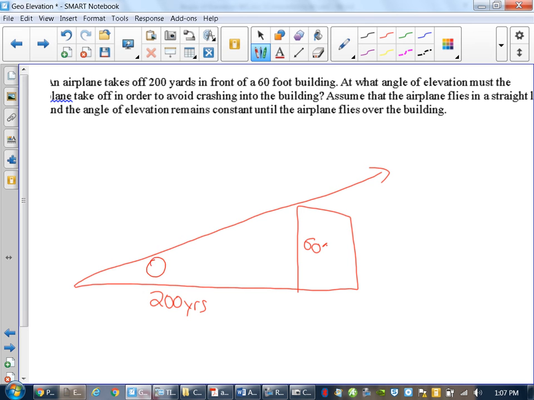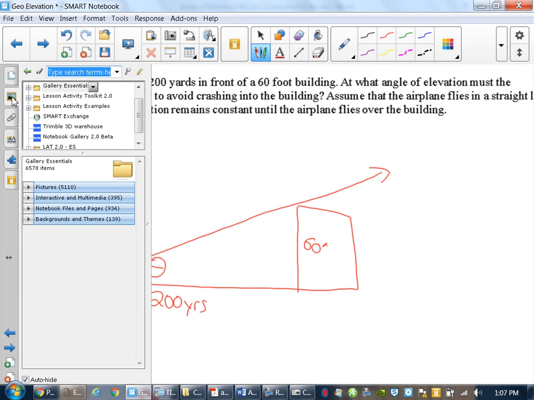You need to figure out the angle that it has to be able to clear the building. So what happens here is that two things. First of all, notice that you have units in different measures. We don't want that.